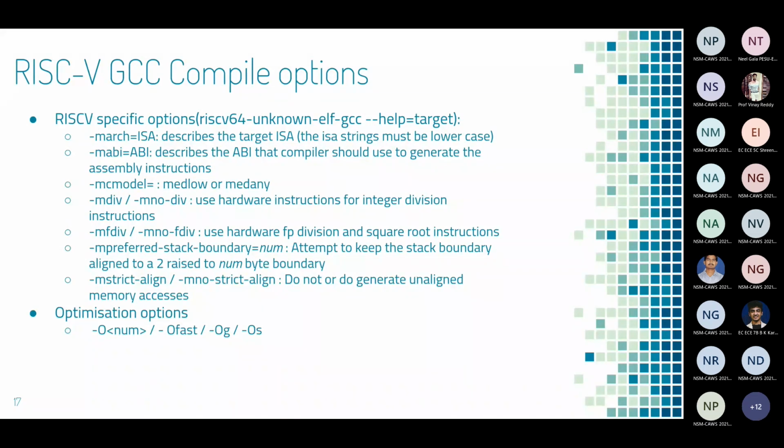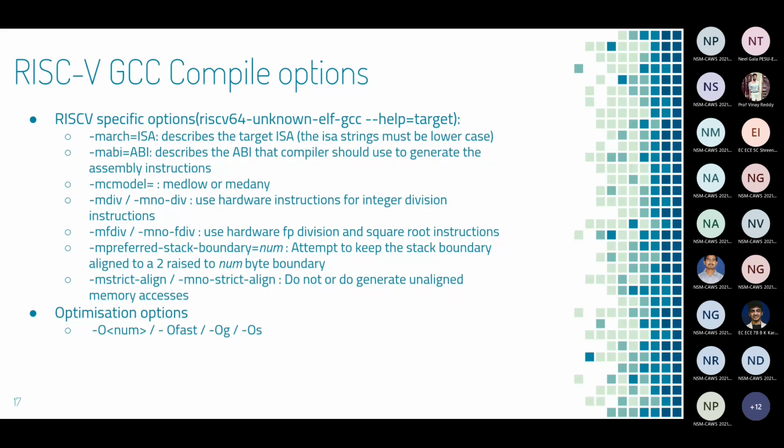You can use AUIPC plus ADDI. That would load a PC-relative address, so you can address within a 2 GB offset of your current PC value, and use that to load addresses or immediates. Or you can use a more complicated sequence of LUI plus ADDI, which is when you know the absolute address where you want to jump to. So based on your memory model, and how your symbols are strewn across your program, your addresses will be generated.